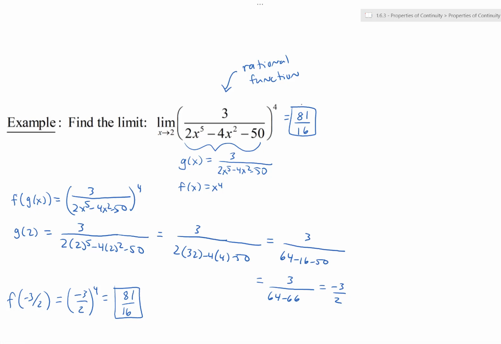So that's one example utilizing the properties of continuity of elementary functions and also of composite functions.